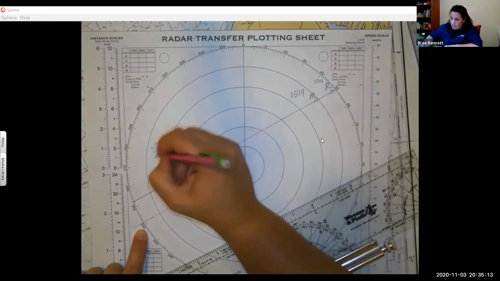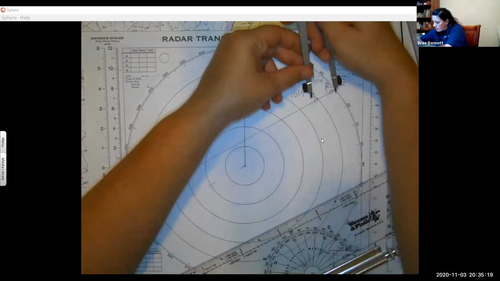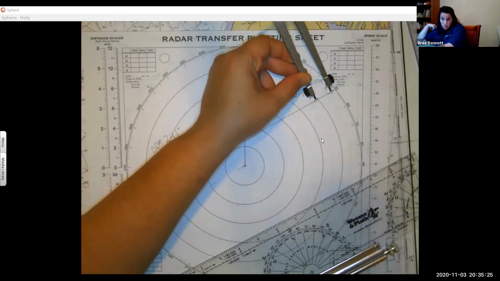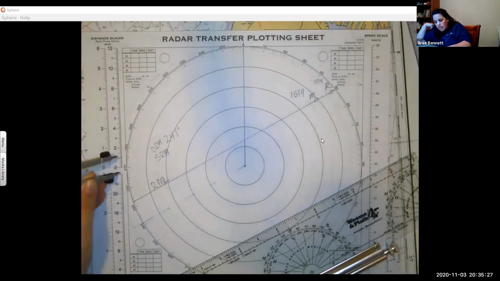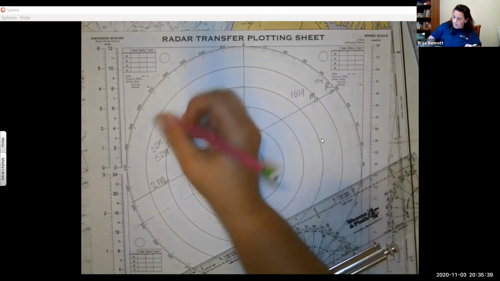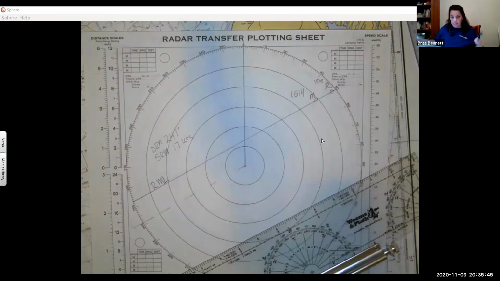Then I want a speed of relative motion, so I get the distance between R and M, and then I'm going to convert that to speed. So my distance is 1.7. So I'm going to convert that to speed to say my speed will be 17 knots. So I have my direction of relative motion and speed of relative motion.